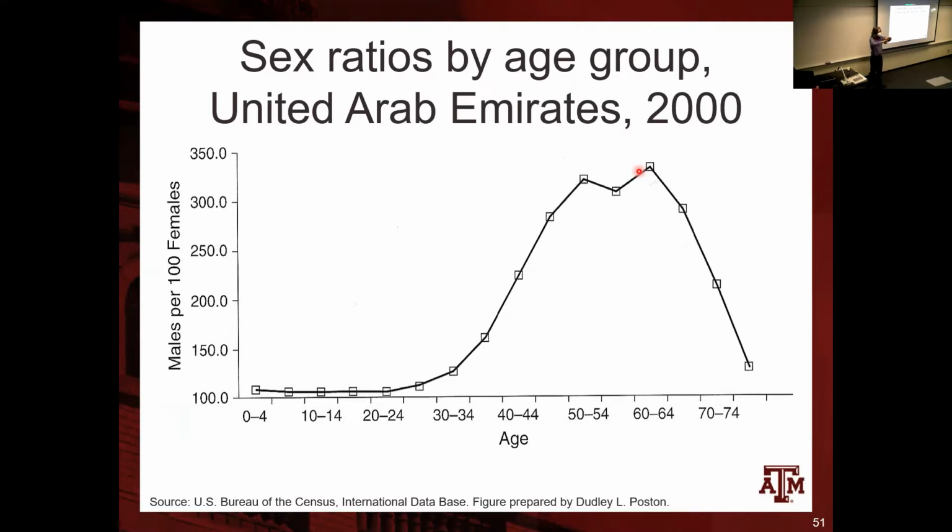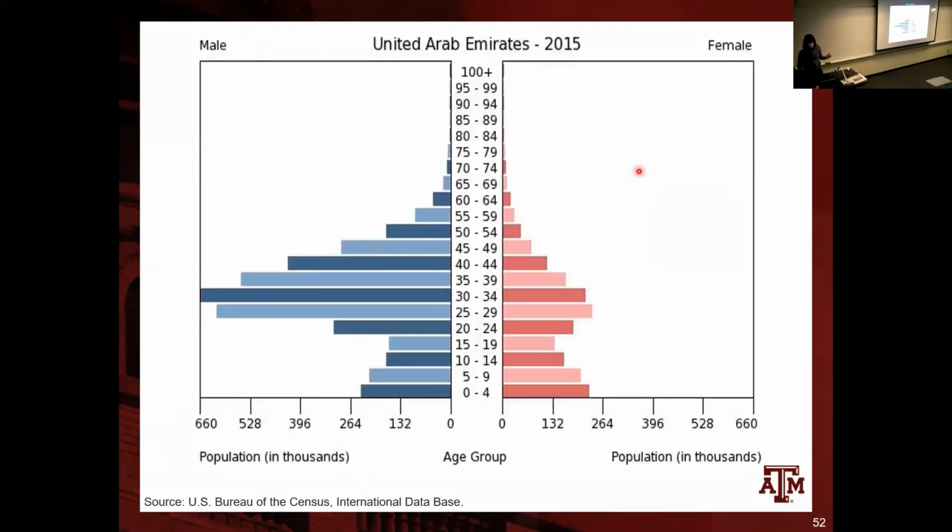Instead of dividing them, we put men and women side by side, and instead of showing columns, we show bars. And that's exactly the age-sex structure.